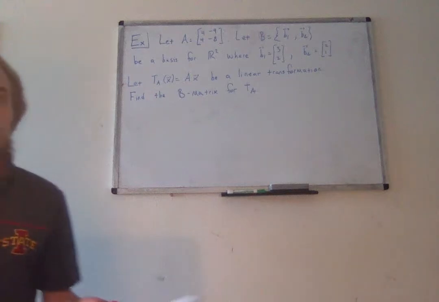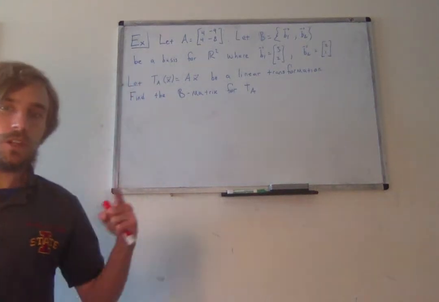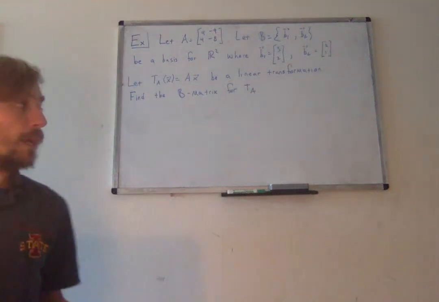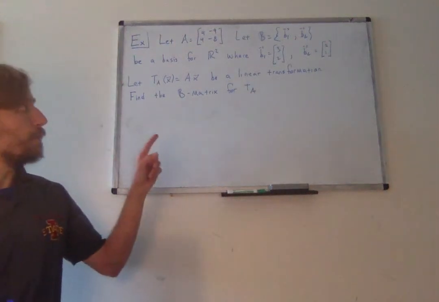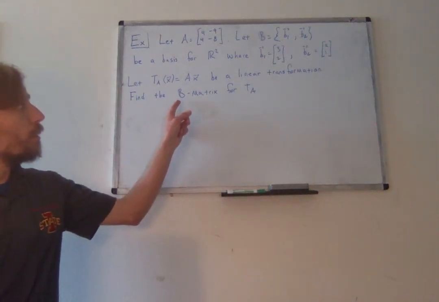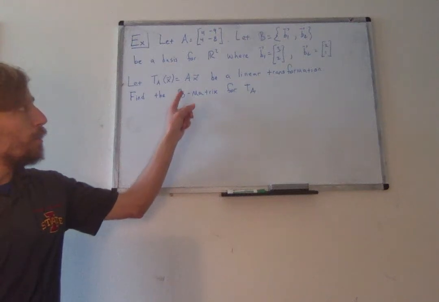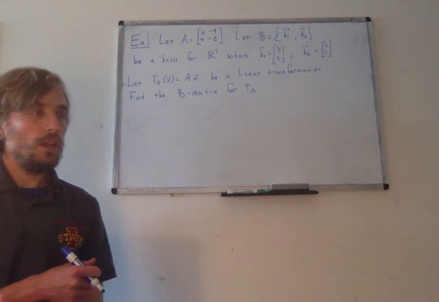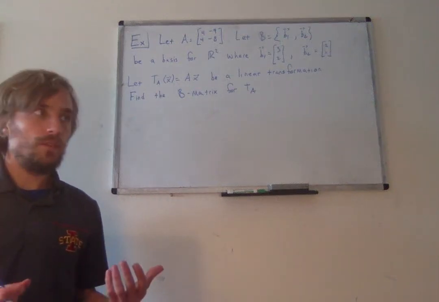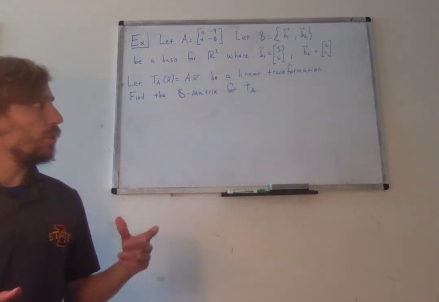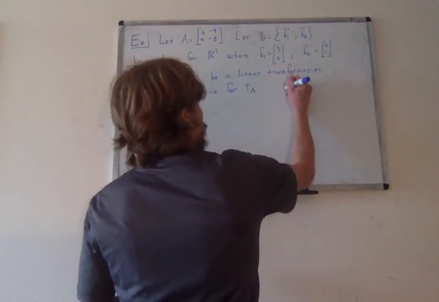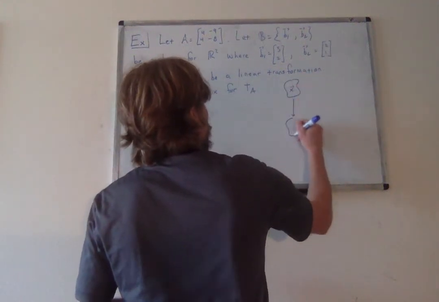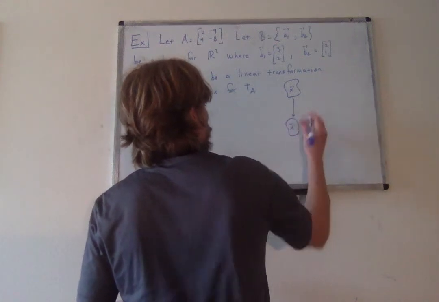All right, so we actually have to call on the last fact in a slightly different way than maybe we were expecting. Notice here, b1 and b2 form a linearly independent set. And if we think about what's going on, we've got this vector x going down to its B representation.